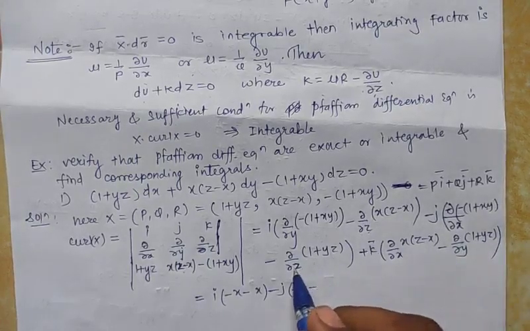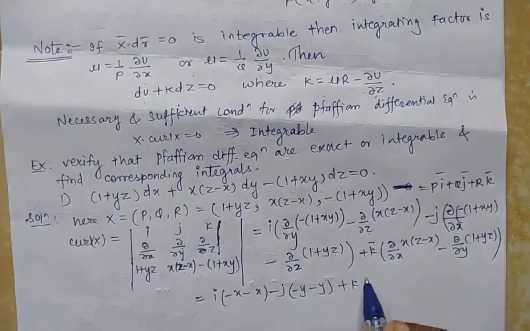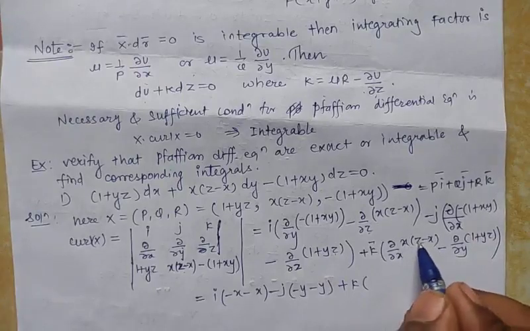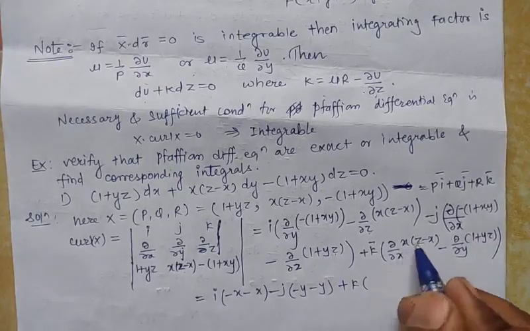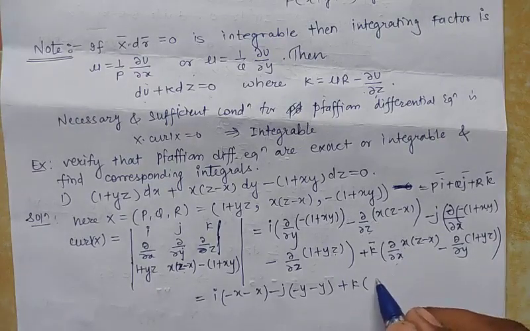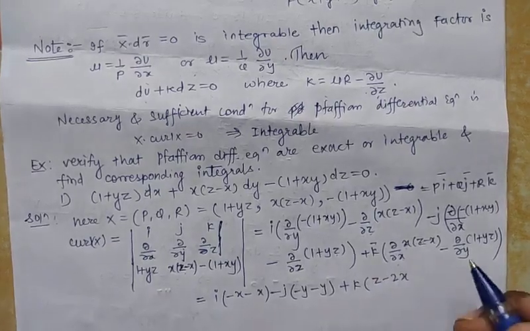Next, taking the derivative with respect to z, we get minus y plus k times: taking the derivative with respect to x, we get x into z, and the derivative with respect to z, which is x, and minus x square, which is equal to minus twice x.